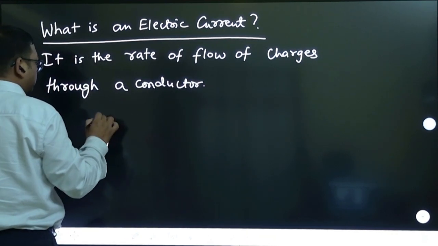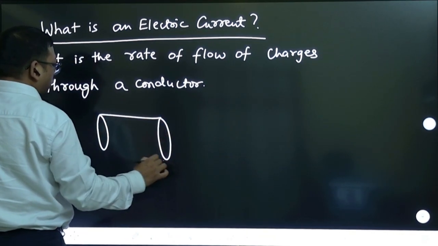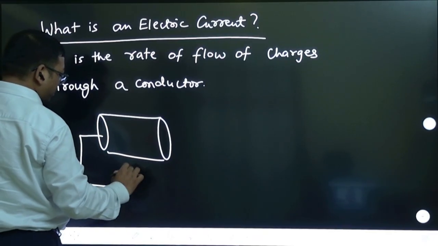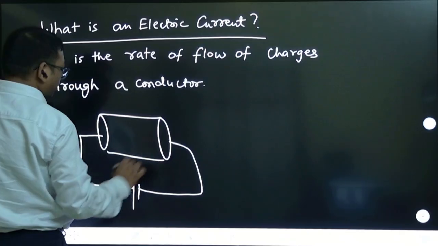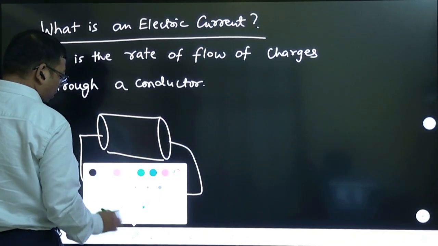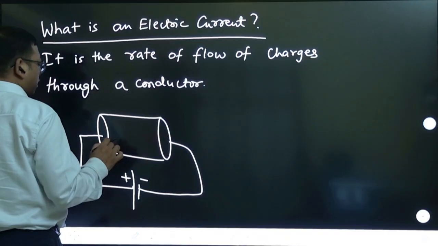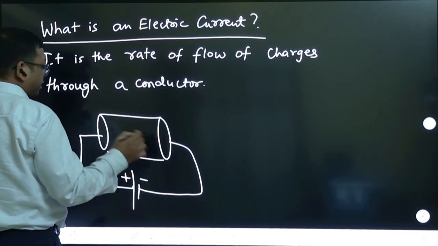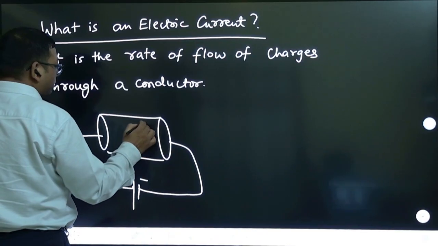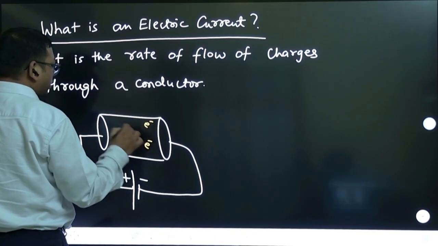So suppose there is a conductor and you have connected a battery, plus and minus. The charges are flowing. Basically electrons flow, because a lot of electrons are there inside the metal.